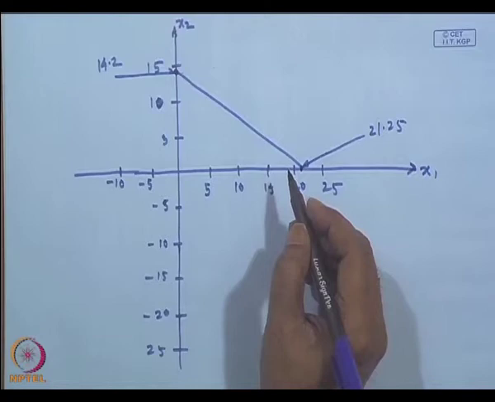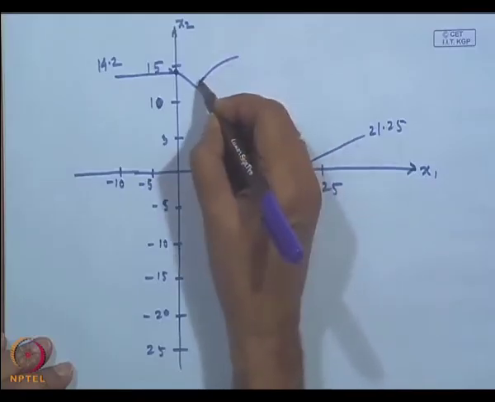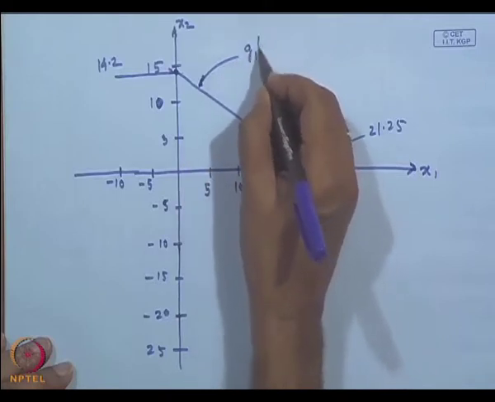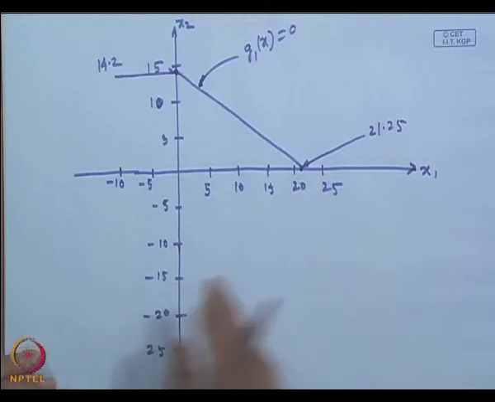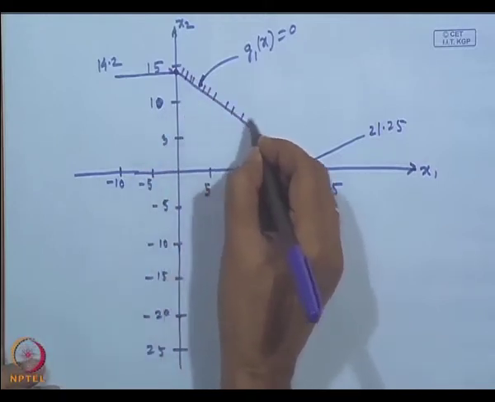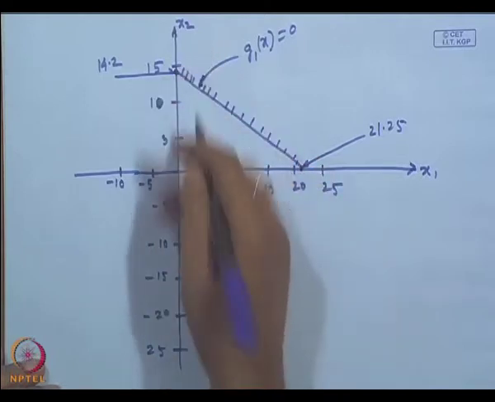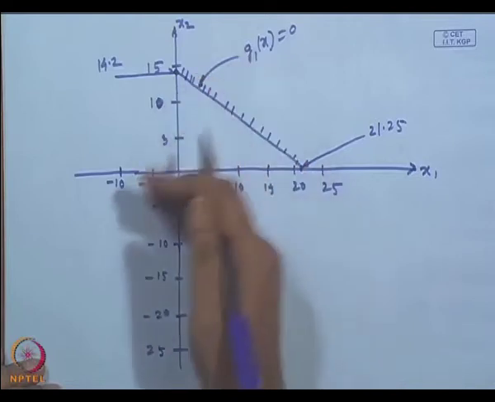Since it is an inequality condition, this line is g 1 of x equal to 0. Since g 1 of x is less than 0, all the region below this line, the shaded one, satisfies this condition.